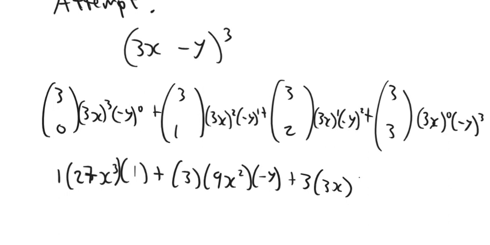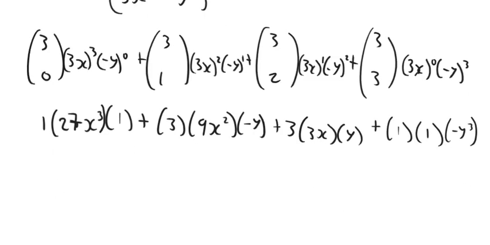So minus y squared is just positive y squared, because a minus times a minus gives a plus, and then you're adding on, so 3 choose 3 was just 1, 3x to the power of 0 is 1, and you actually get minus y cubed there. So minus y cubed, yeah, it becomes a minus, because minus times minus times minus.